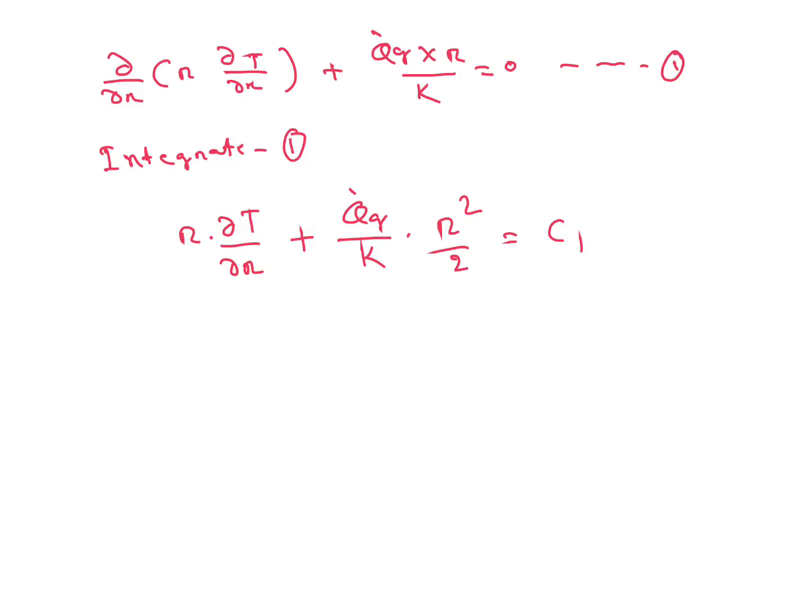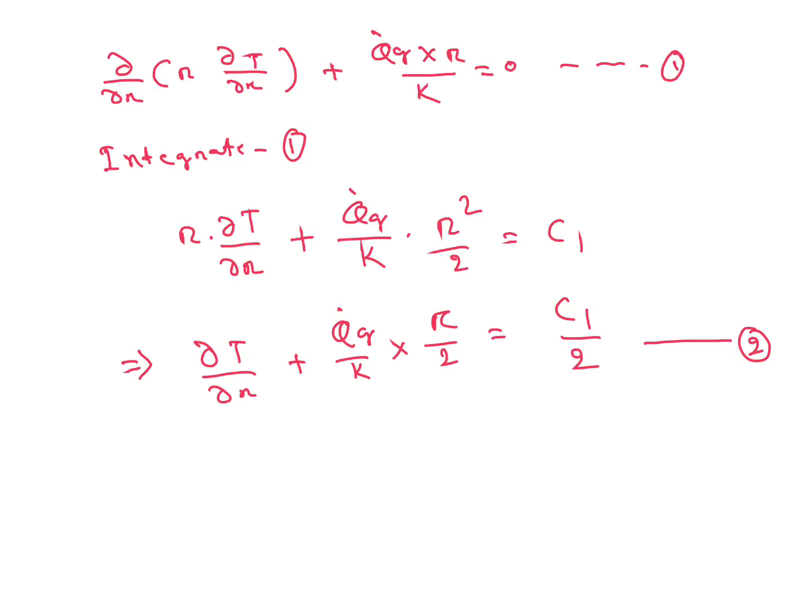Divide by r: dT by dr plus Q generation r by 2K equal to C1 by r. This is equation 2.